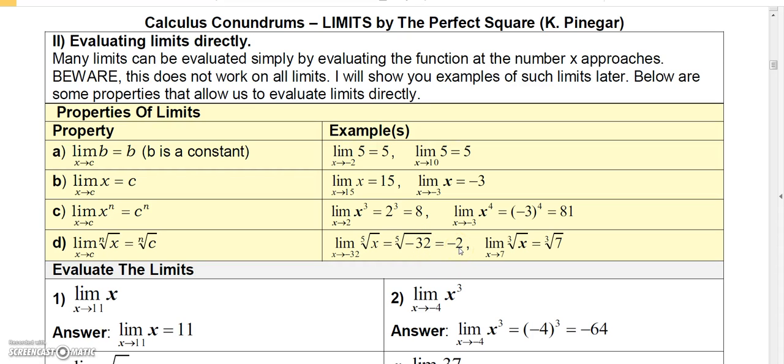Now, you can't always simplify these radicals. Like in the next one, what's the limit of the cube root of x as x approaches 7? Well, that would just be the cube root of 7. And you can't simplify the cube root of 7 unless you approximate it as a decimal. So I'm going to leave it in its exact form, the cube root of 7.